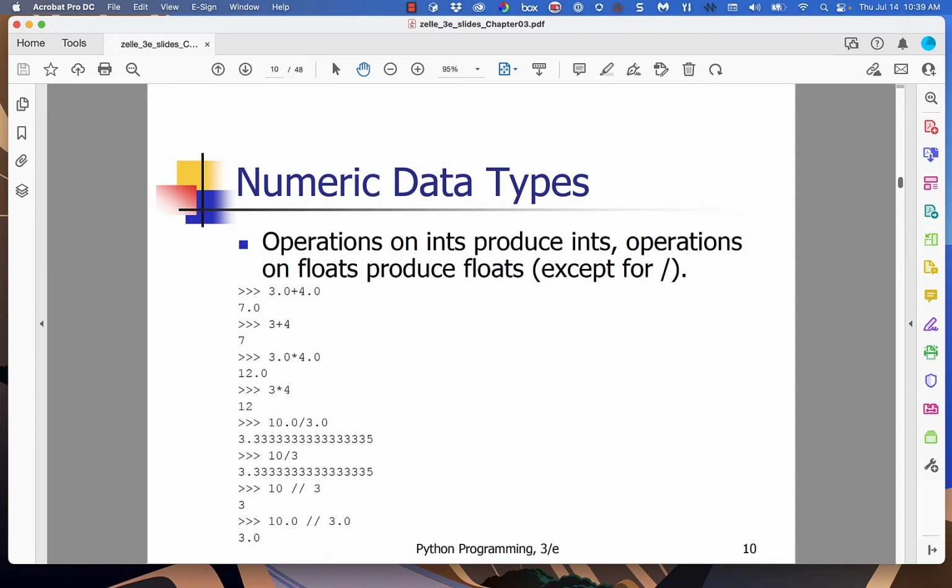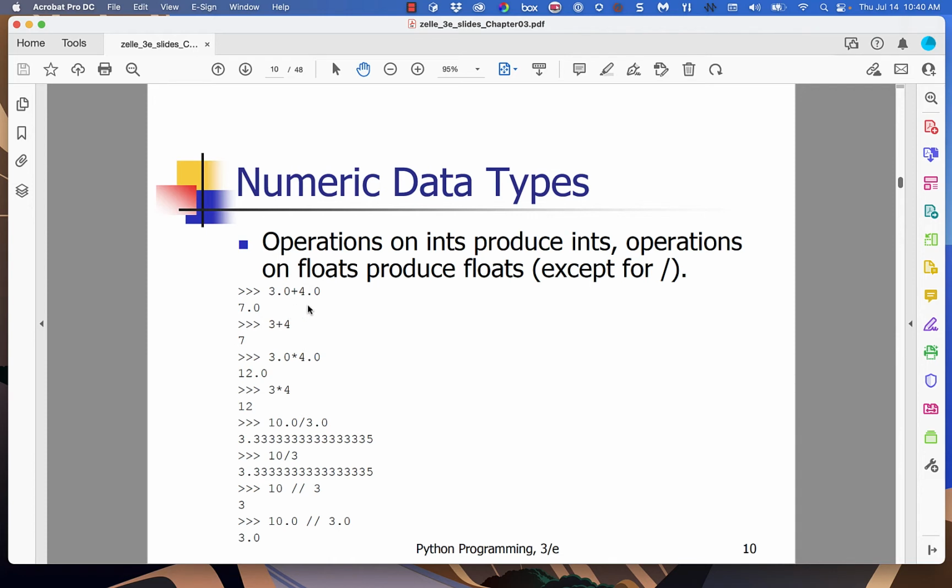There's an exception for division. Okay, so down here we see some experimental work in the Python console. So 3.0 and 4.0 are floats, and when we add them, we get 7.0. 3 plus 4 are ints.